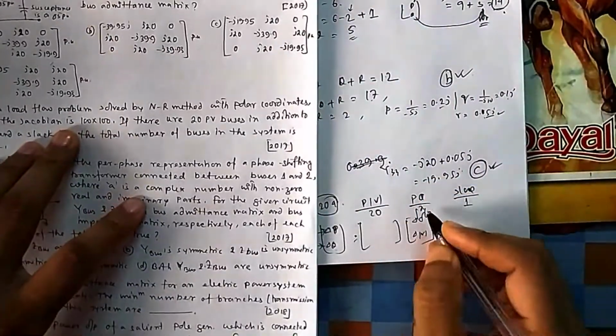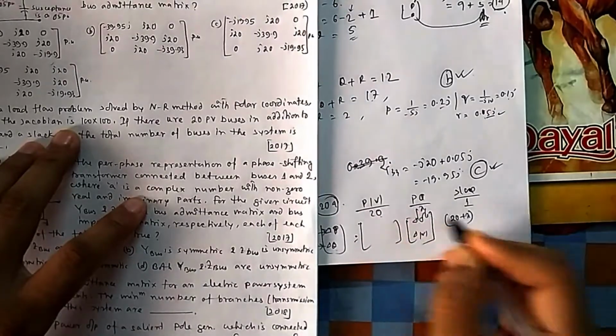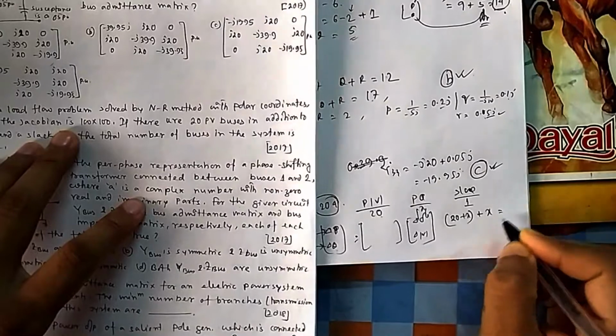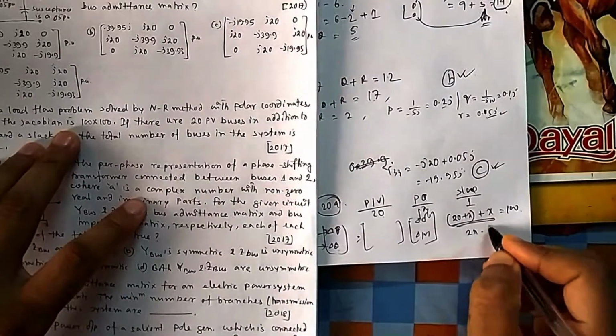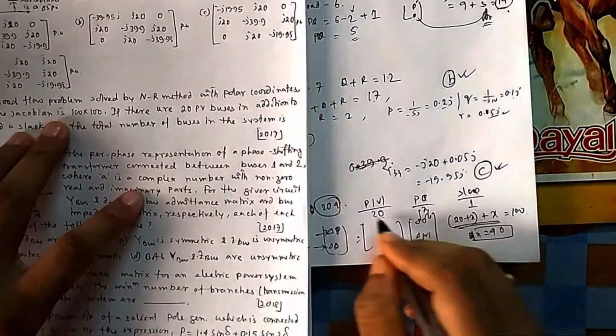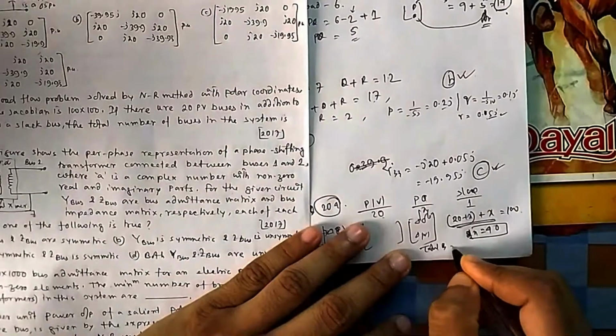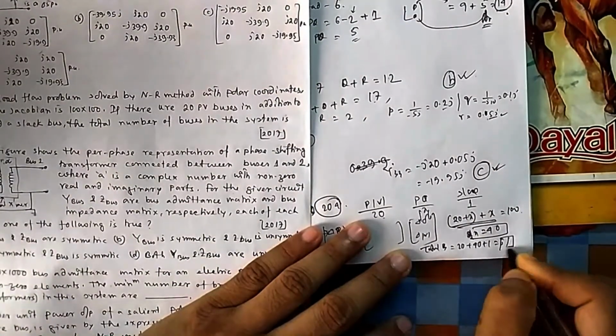P is 20 plus X, 20 plus X, Q is only X. So that is equal to 100, or 2X equal to 80, or X equal to 40. So total buses 20 plus 40 plus 1, that is 61. So this is your answer.